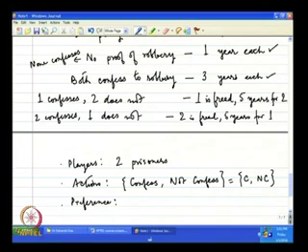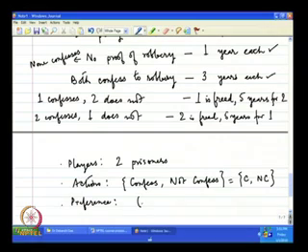Now, given what I have presented before, it is easy to see what is the preference of the prisoners. Now, there are how many action profiles? Since there are 2 players, each has 2 actions, that means there will be 4 possible action profiles. The 4 possible action profiles are the following: NCNC, this is one, where nobody is confessing.